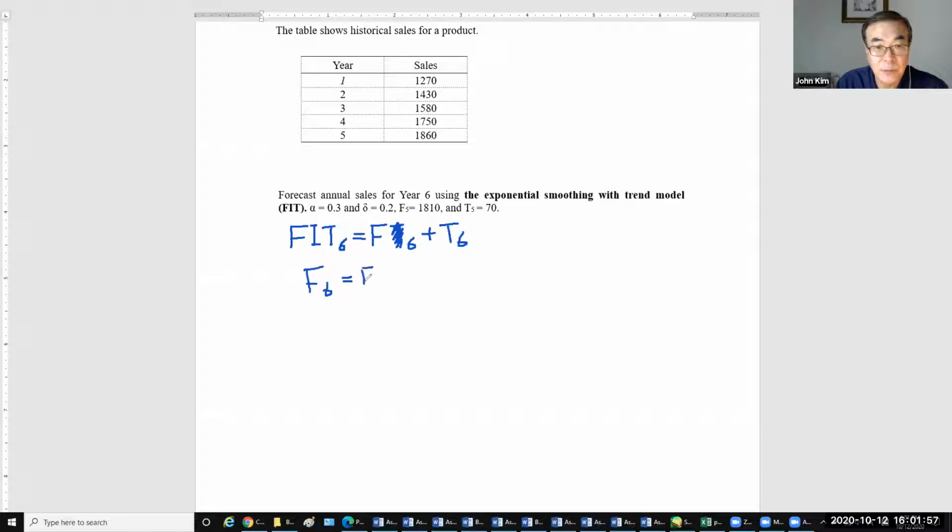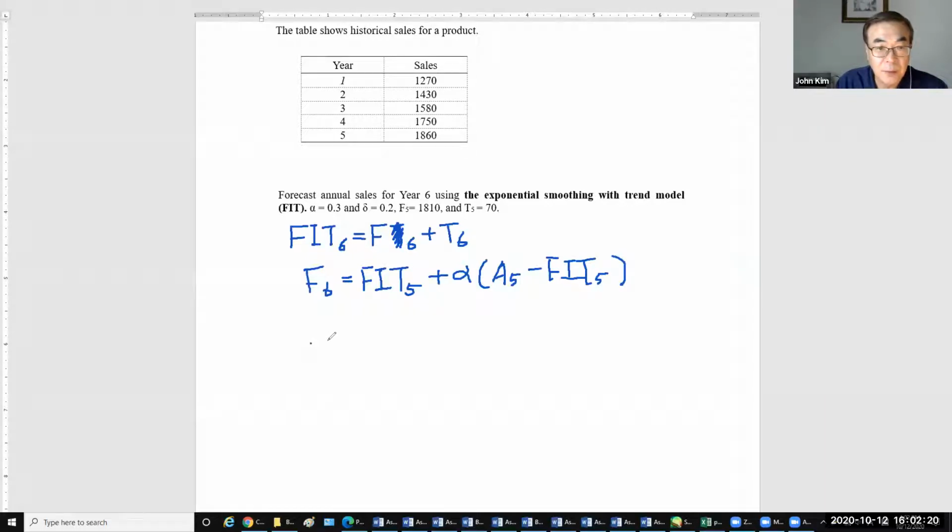And then F6 equals FIT from formula t minus 1, so 5, plus alpha times A5 minus FIT5.